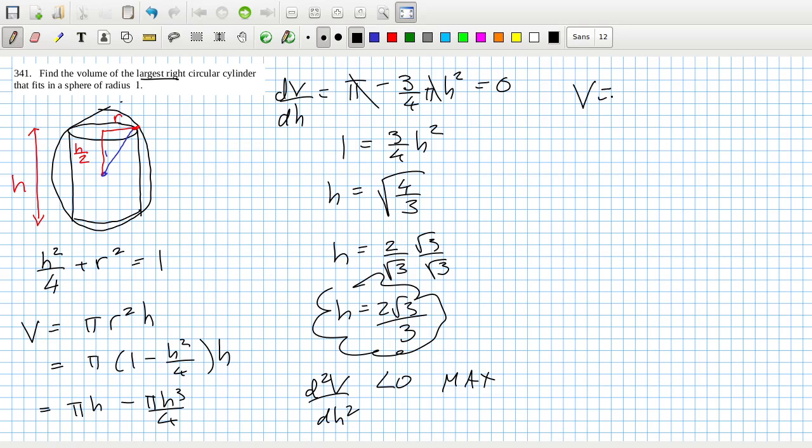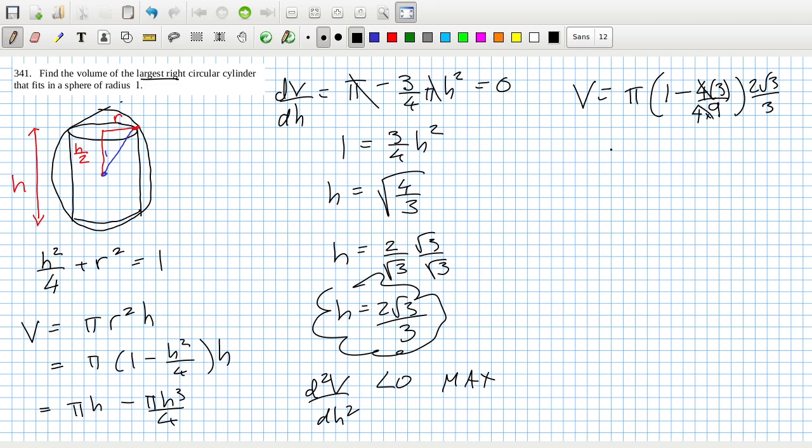So the volume would be pi times (1 minus h squared over 4), times h, which is 2 root 3 over 3.